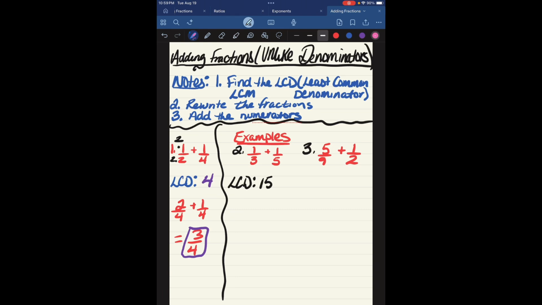Let me do pink. Okay, so we got 3, and we got 5. So we're doing multiples. So 3, 6, 9, 12, 15. Those are multiples of 3. Multiples of 5: 5, 10, 15. And we're going to stop right there because the first common number that we see is 15.